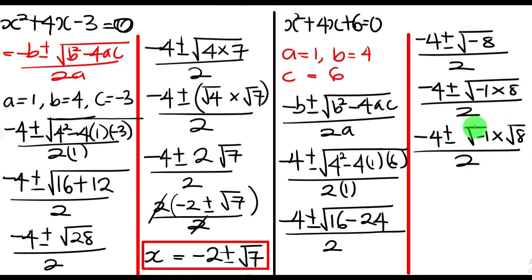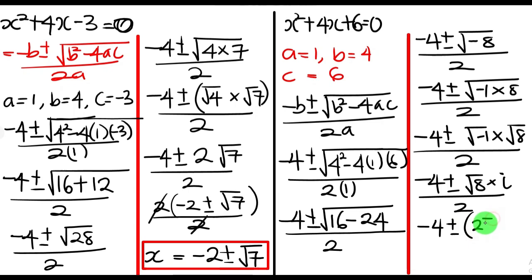And the square root of minus 1 is represented by i as a complex number. Minus 4 plus or minus i multiplied by the square root of 8, over 2. But the square root of 8 is 2 root 2. Then we have minus 4 plus or minus into bracket 2 root 2, then i, everything over 2.